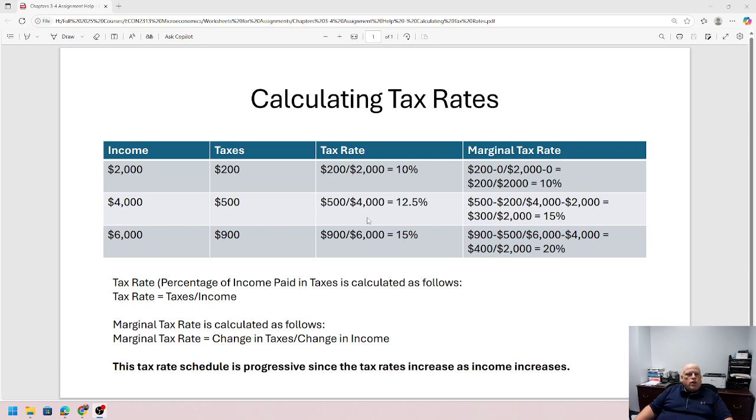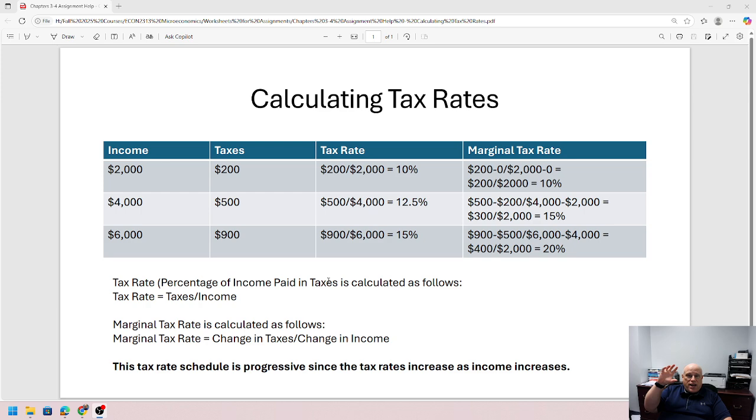Okay, so you'll notice in the first column of the table, I've got the income levels. It starts out at $2,000, then goes to $4,000, and then goes to $6,000. And the taxes that go with each of those are $200, $500, and $900. To calculate tax rate, it's very simple. It's just a ratio, one number divided by another.